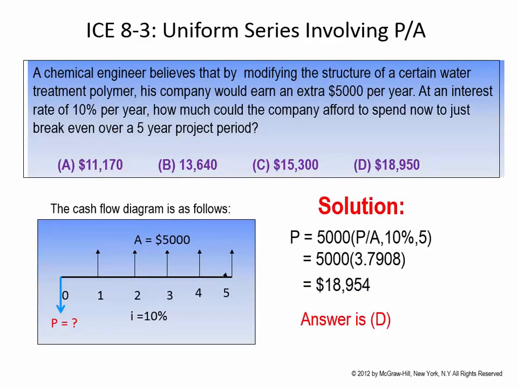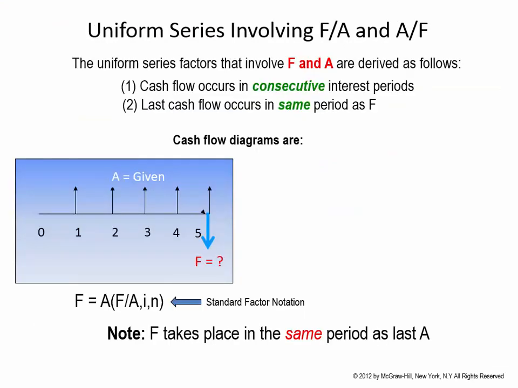I want to show you another thing before you do the last problem. Problem 4 on the back, you have to know about the standard notation for an annual series and a future value. Now this is a little bit strange, but this is the way it is. Think about if you were getting money every year.